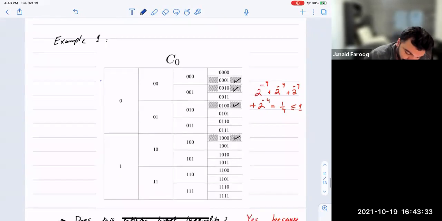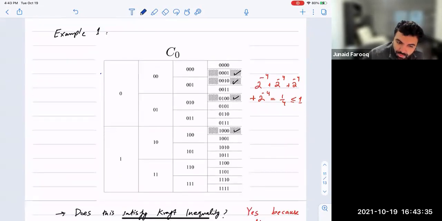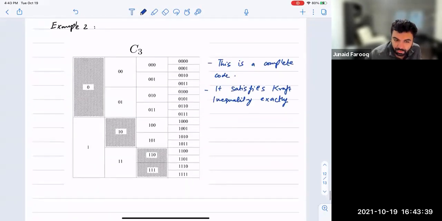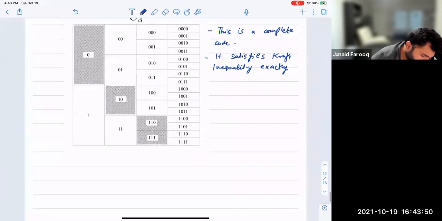It can represent 4 symbols, but you can also pick a code that is complete, which means that it fully utilizes the margin offered by the Kraft inequality. So that is, the sum of 2 to the power minus Li is equal to 1.